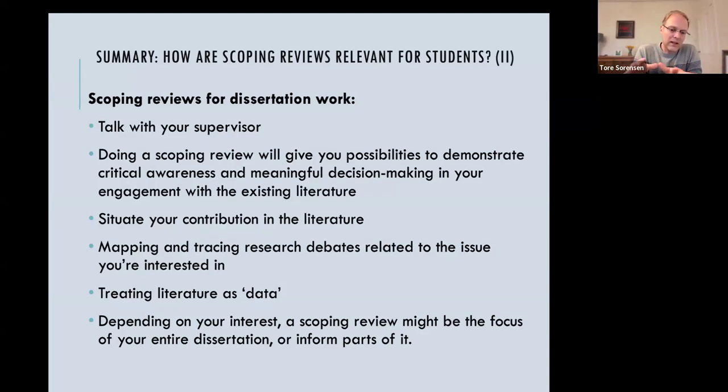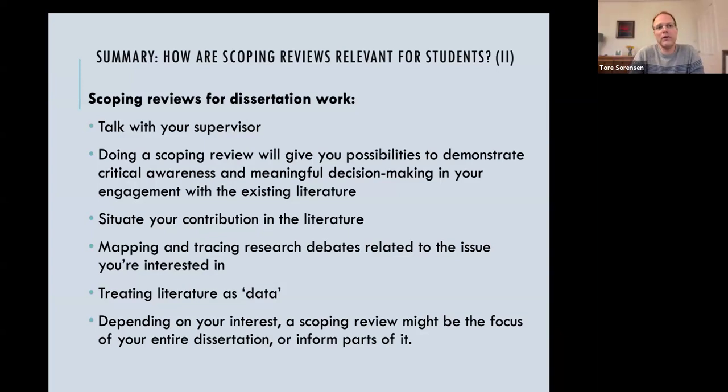And I think that a scoping review could fill parts of your dissertation, or it could fill all of it. Depends on your interest. I could imagine a scoping review informing the first part of your dissertation that is focused on a policy analysis, for example.